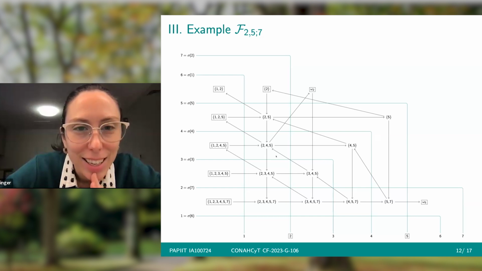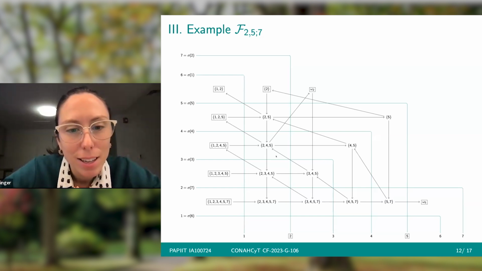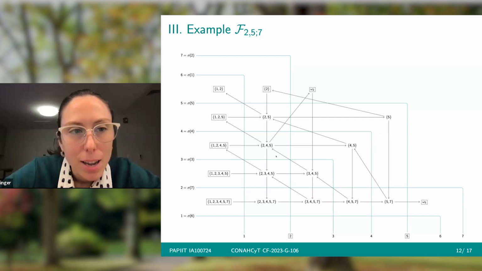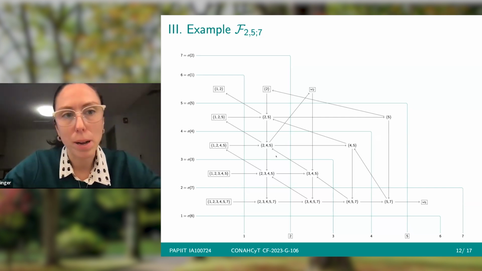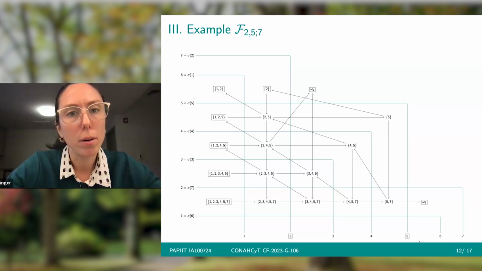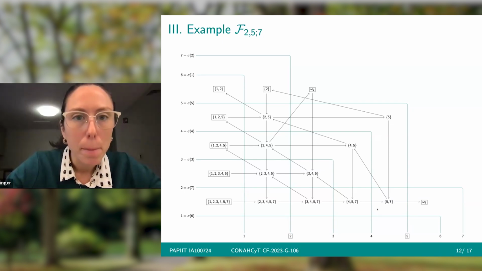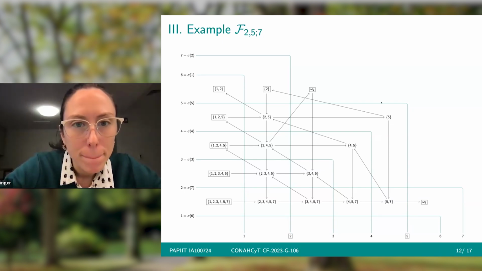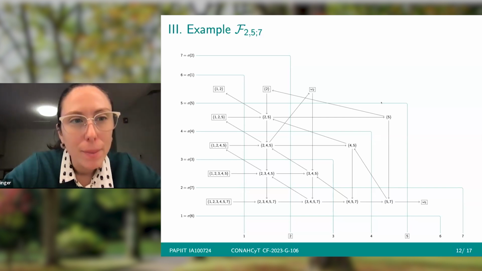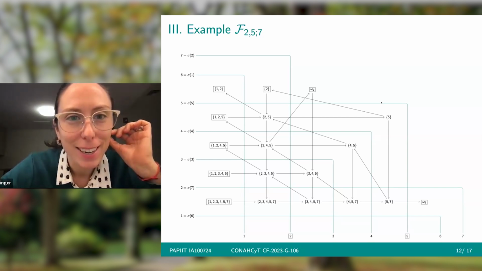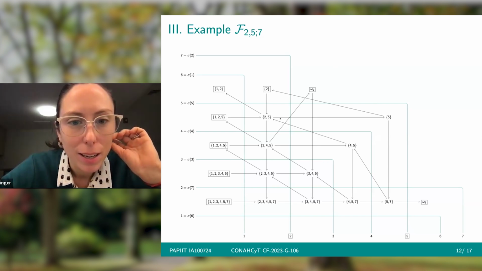Yes, this also works for Grassmannians, the same construction where we just have one mark.